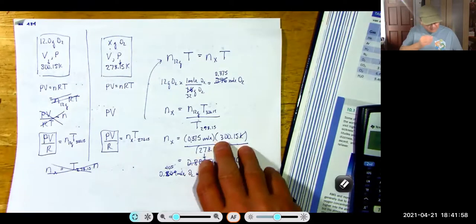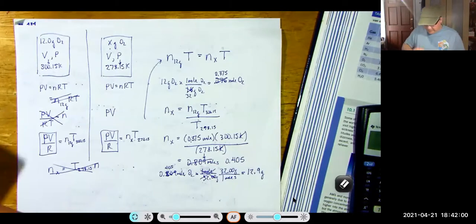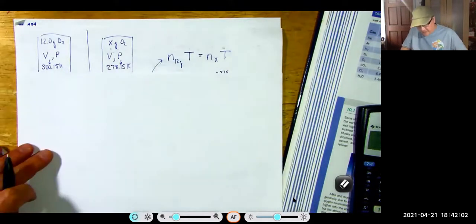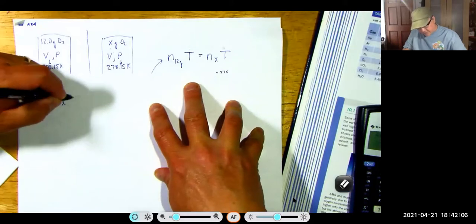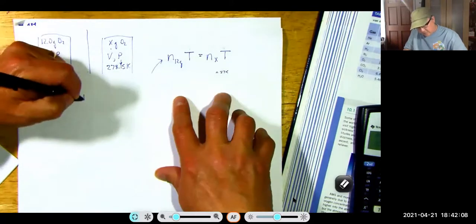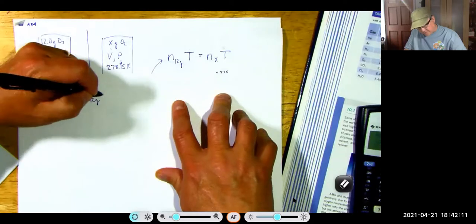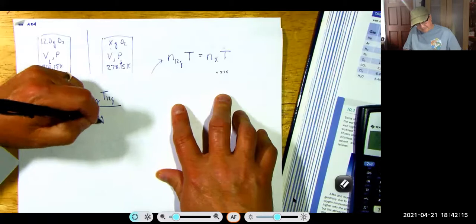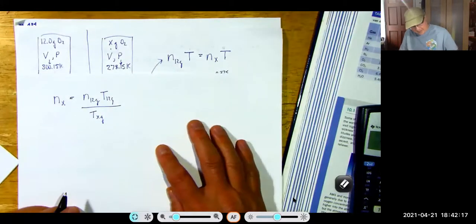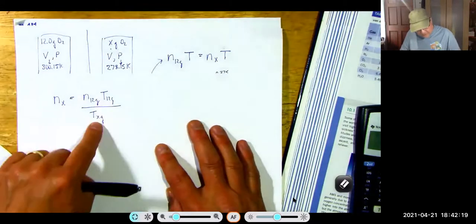Let me get a new piece of paper here. We can see here that the N of X is equal to N of 12 grams times the temperature of the 12 grams divided by the temperature of the X grams. Okay, and we know what these temperatures are, so we can plug them in.